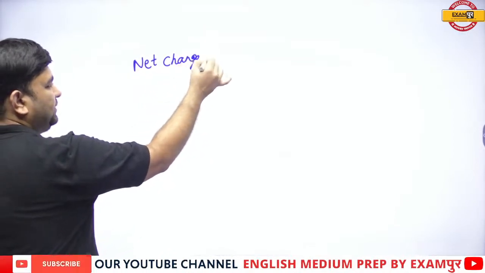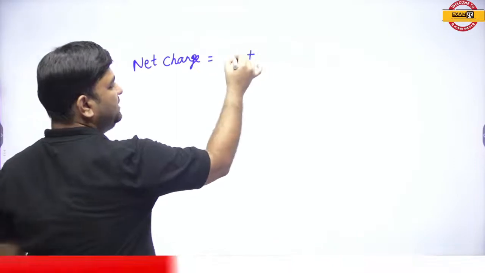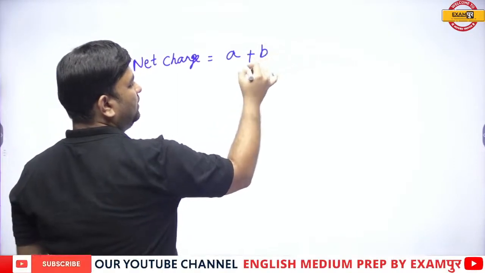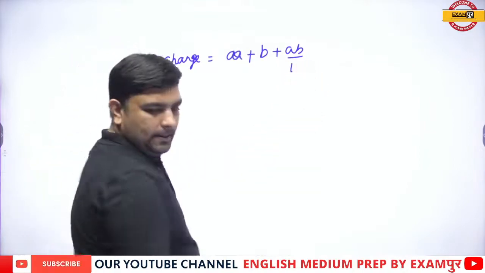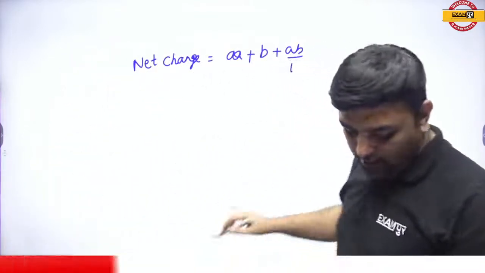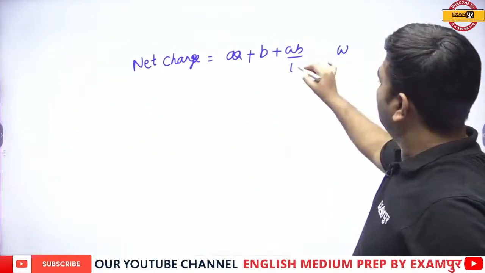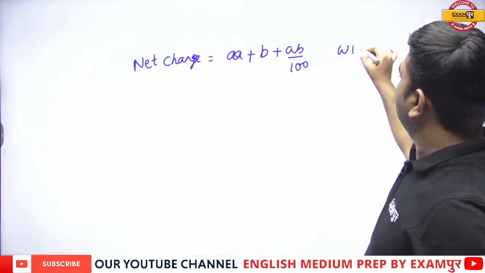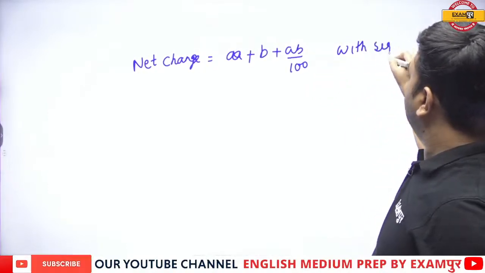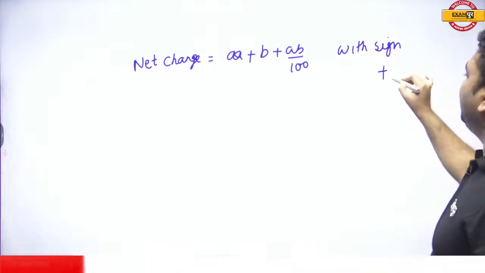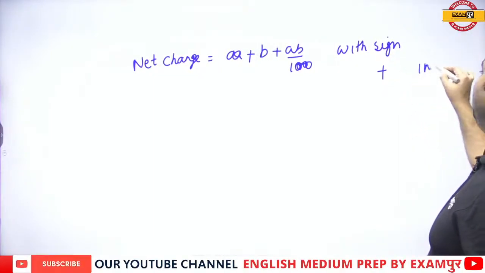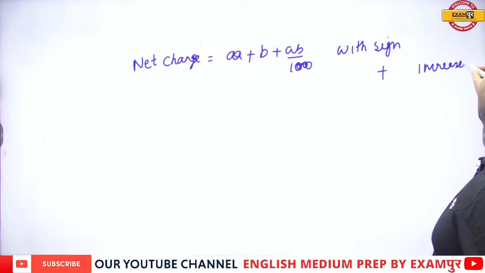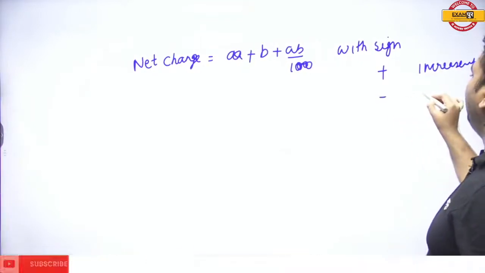Net change is A plus B plus A into B upon 100, with sign. Positive for increment and negative for decrement.